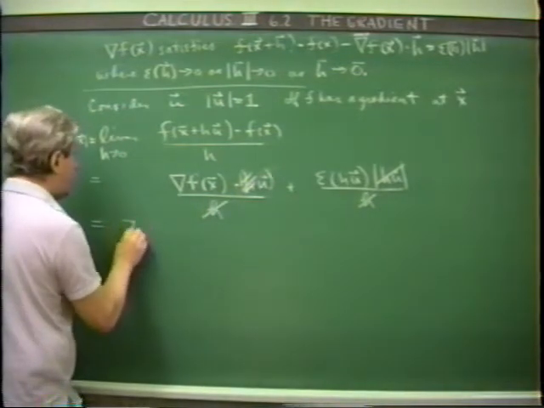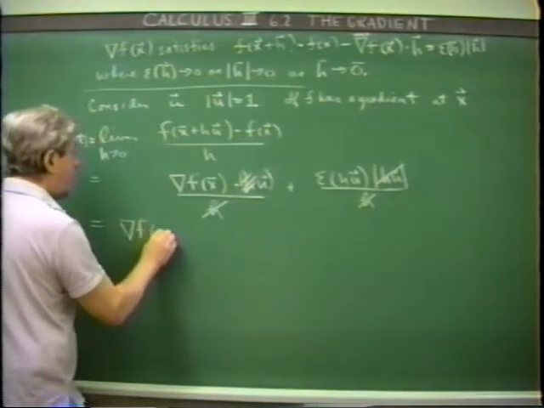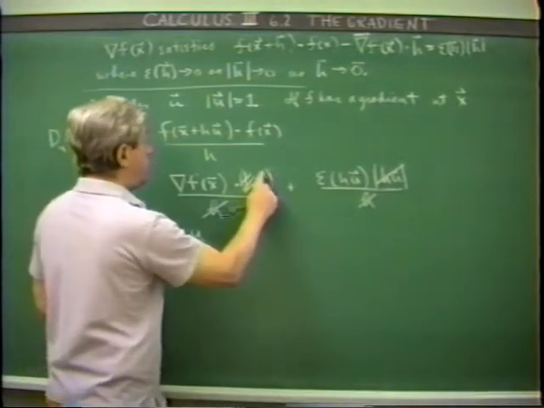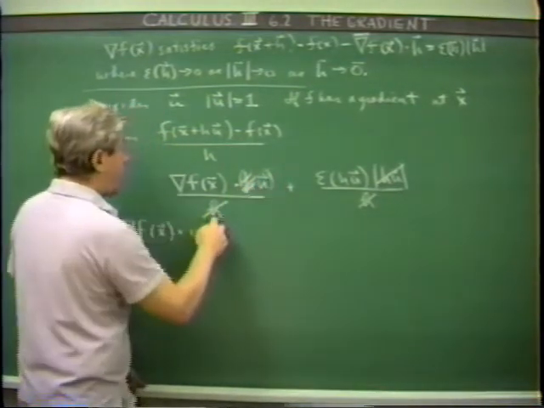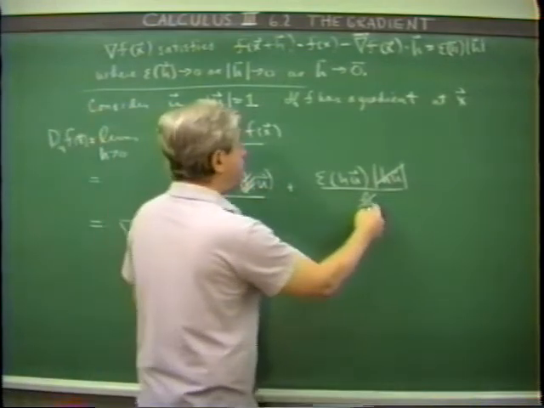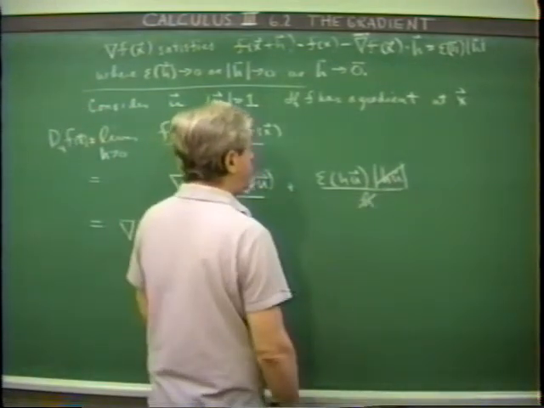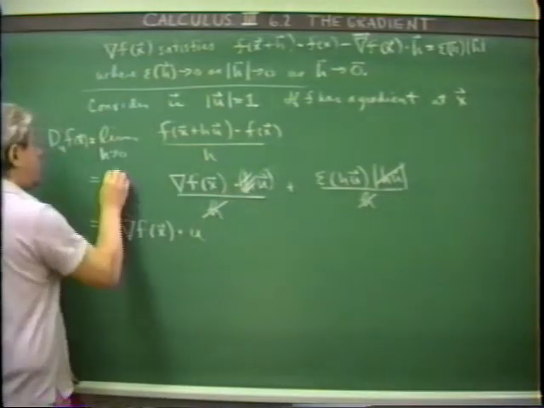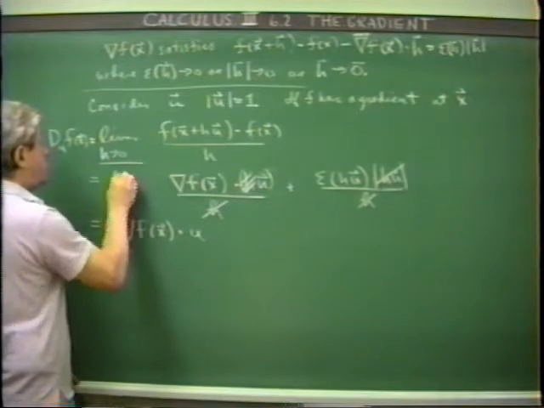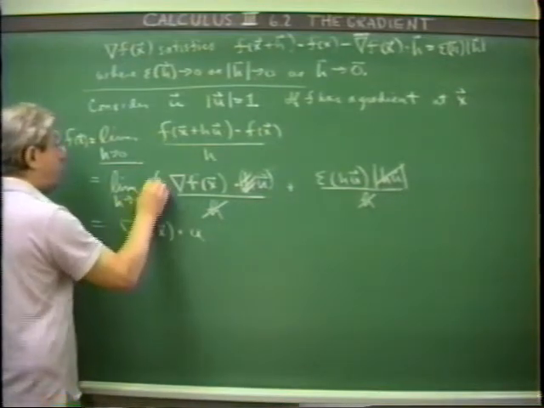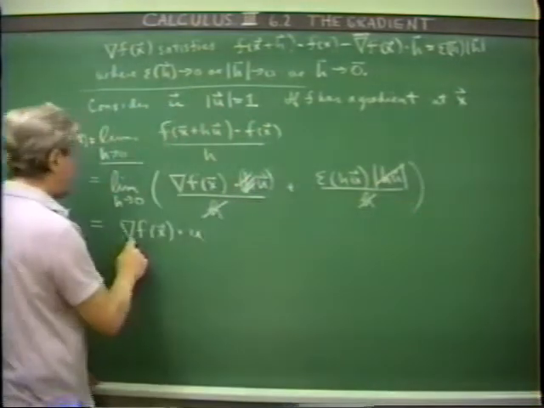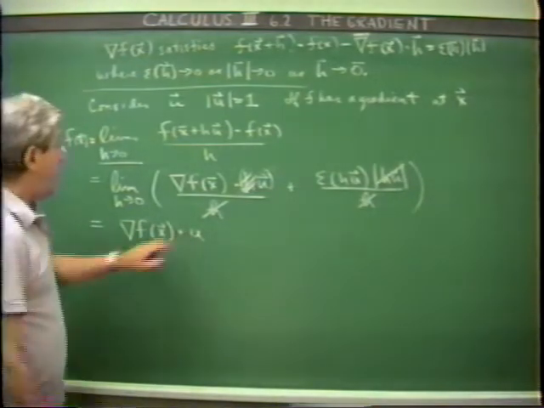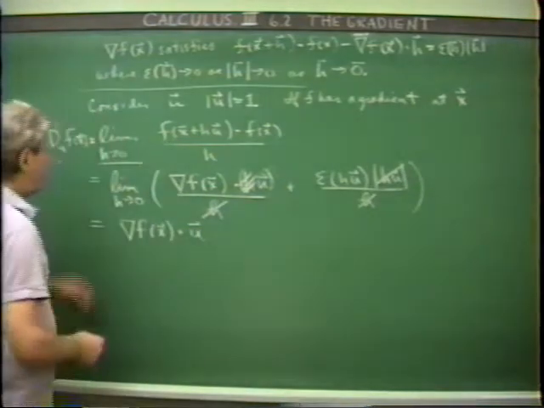So I still have that this is equal to the gradient of f at the point x dotted with u. The h's here cancel, and over here this h cancels with the magnitude of hu, and as h approaches 0, this approaches 0. So this limit as h approaches 0 is equal to the gradient of f at x dotted with the vector u.